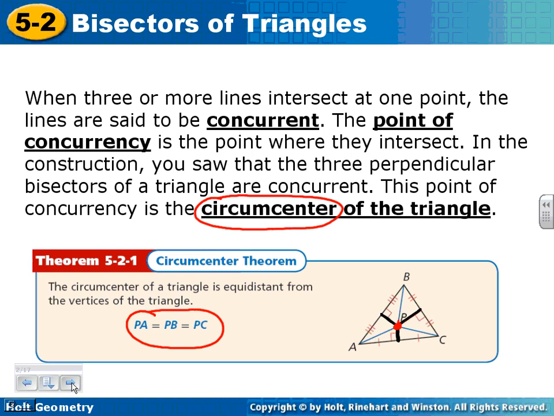If I measure out to each vertex, those three red marks that I just made are congruent. They're equal. The perpendicular bisectors themselves, what I have written in black, are not equal. Only from the circumcenter to the vertices are they equal.